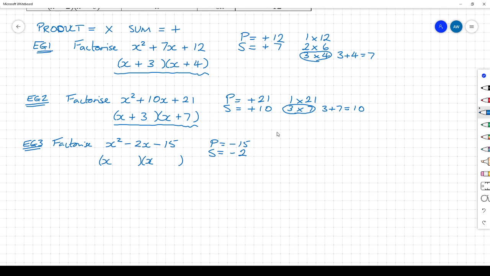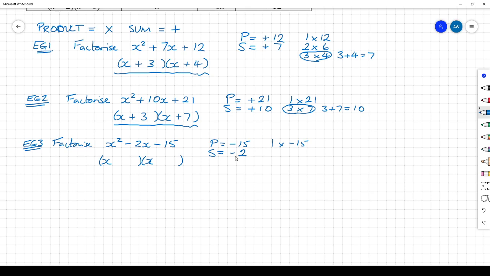As we go along, we're going to check to see which pair add up to equal minus 2, because we might get there sooner without having to write down all the factor pairs, and that's what you would do once you get experienced.